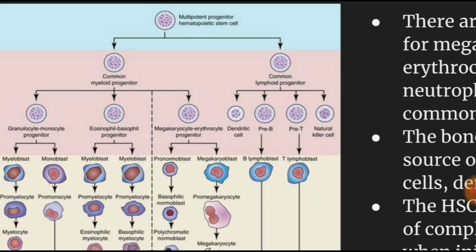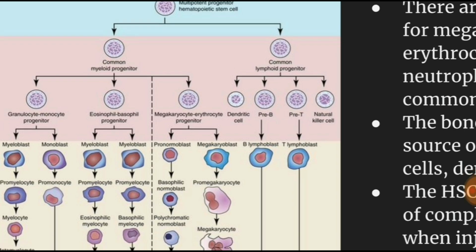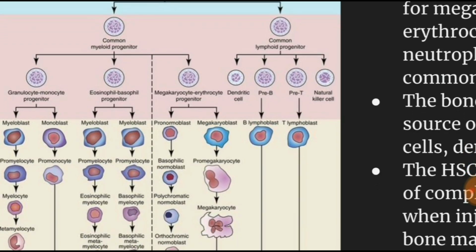The myeloid progenitors consist of granulocyte, monocyte, eosinophil, and megakaryocyte, erythrocyte progenitors. You can see the formation of monocyte progenitor, eosinobasophil progenitor, and a megakaryocyte or erythrocyte progenitor. This granulocyte monocyte progenitor gets differentiated into myeloblasts and monoblasts.